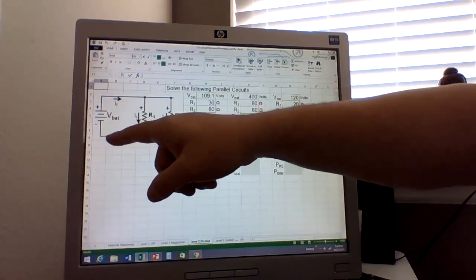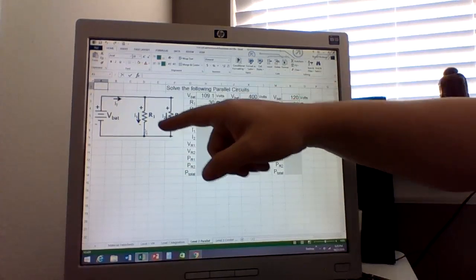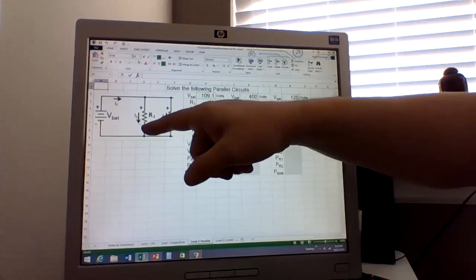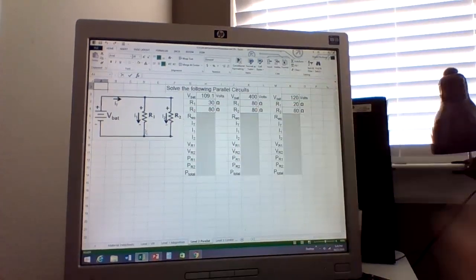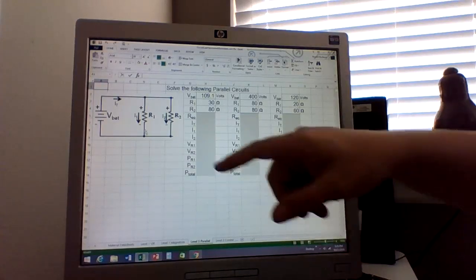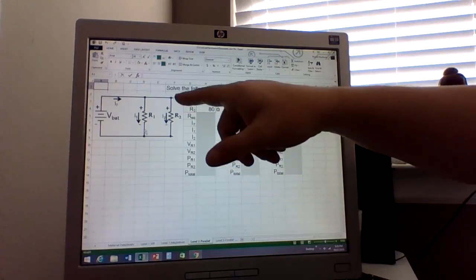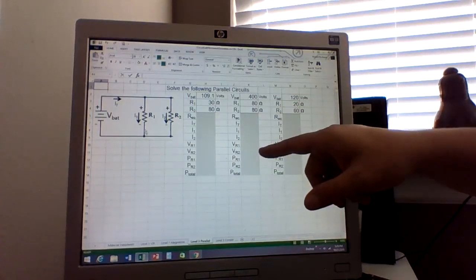Remember, everywhere here is 0, and everywhere here is 400. So from here to here is also 400. From here to here is also 400. That's what makes it a parallel circuit, is that the voltages are the same. So the voltage across R1 is 400 volts. The voltage across R2 is also 400 volts.